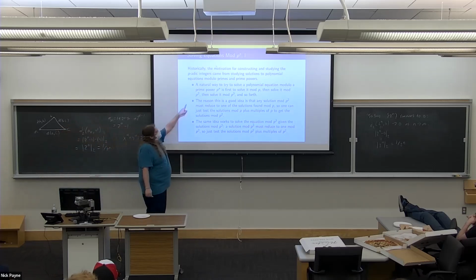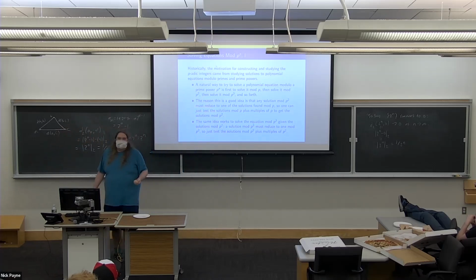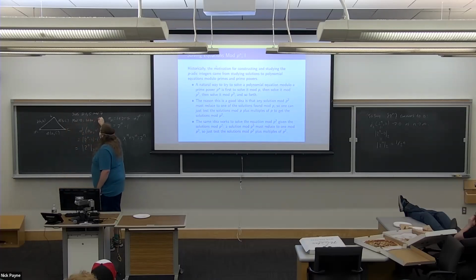Now, why is it a good idea to start with the solutions mod p to try to get the mod p squared? Because if you know what the solutions are mod p, any solution mod p squared has to reduce to one of the ones that you already found. So if the solutions are congruent to 1 or 5 mod 7, then mod 49, they have to be 1 plus 7 times something or 5 plus 7 times something.